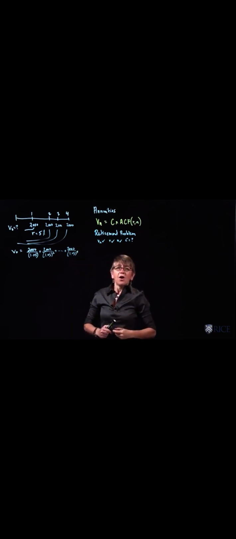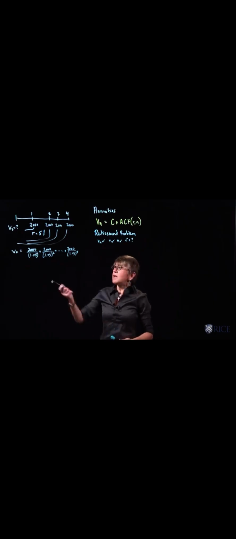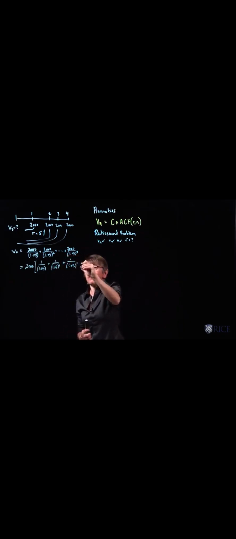Or again, we can come up with a shortcut. Let me factor this common 2,000 out. What do we have? Well, we would have 1 over 1.05, 1 over 1.05 squared, 1 over 1.05 cubed, and then finally 1 over 1.05 to the 4th.